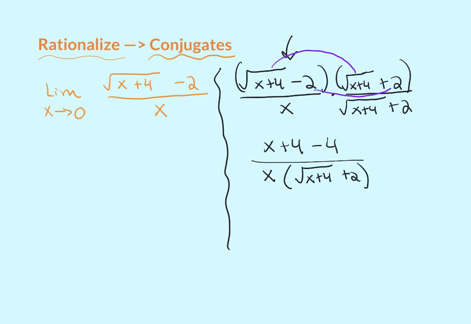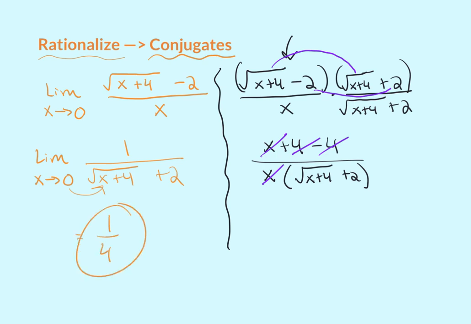So what happens here, 4 minus 4, and x over x. So if I go back here, I'm going to simplify this down to limit as x approaches 0 of 1 over square root of x plus 4 plus 2. So now that I've simplified, I can substitute my 0 in. 0 plus 4 is 4, square root of 4 is 2, 2 plus 2 is 4, so it is equal to 1/4.